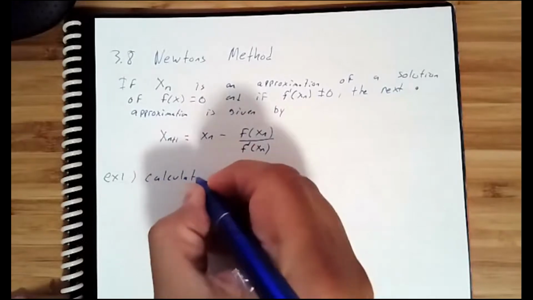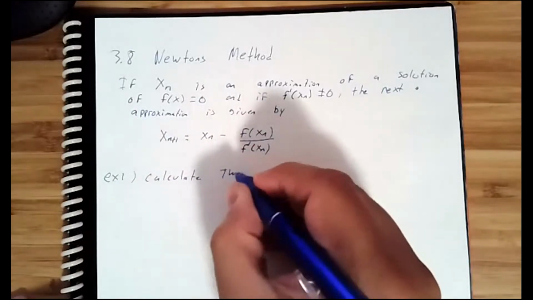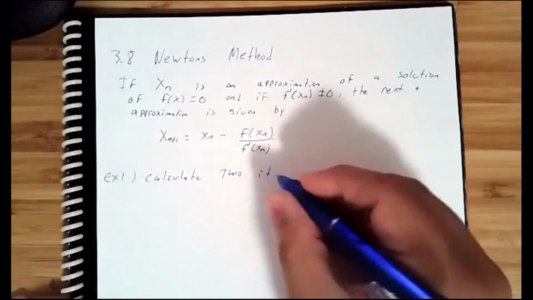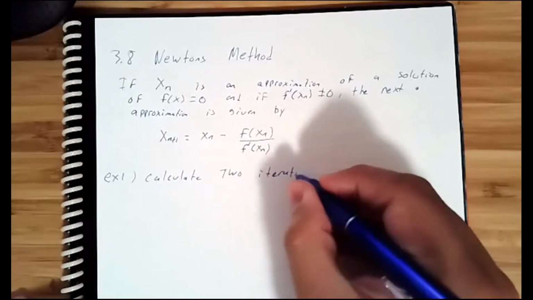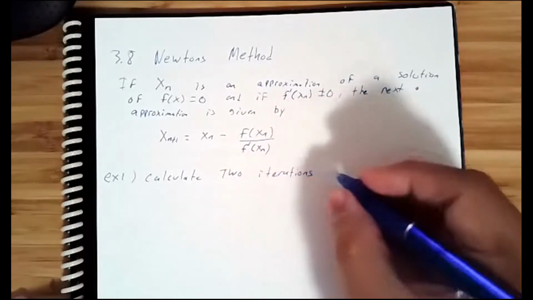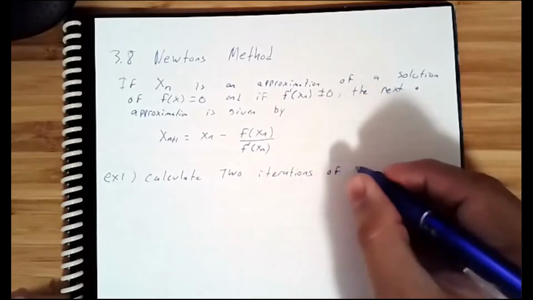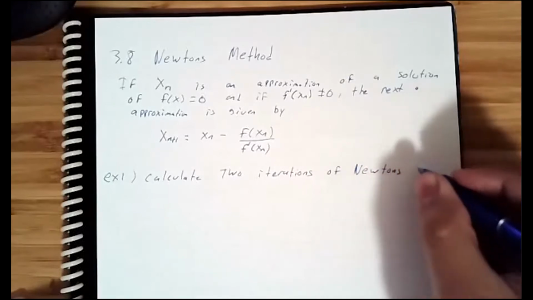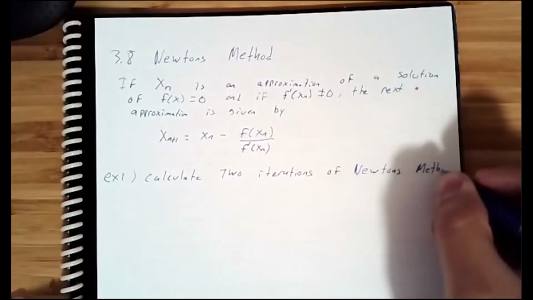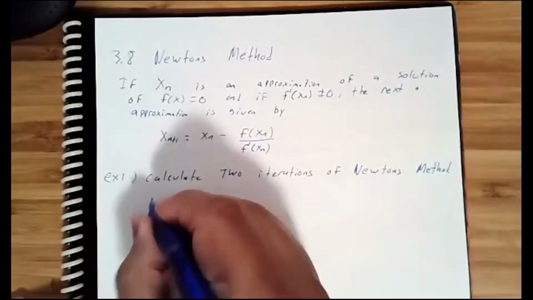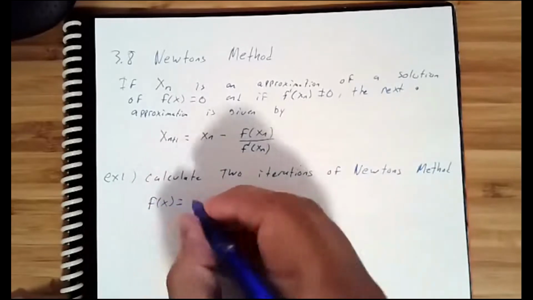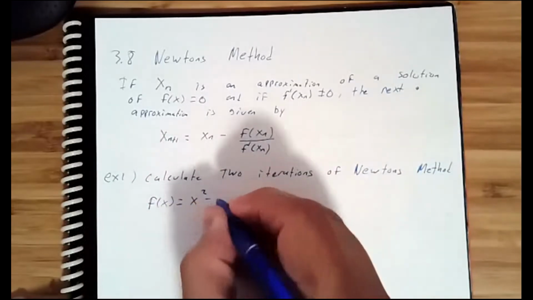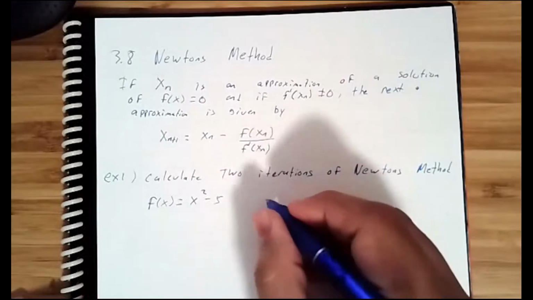Calculate 2 iterations of Newton's method. So they give us f and they give us the x1.